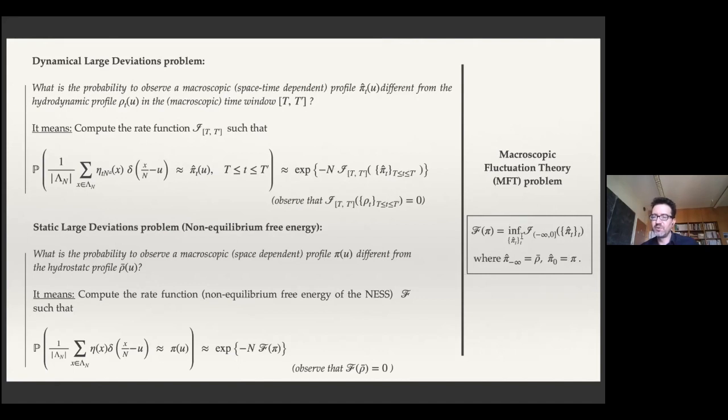If you solve this variational problem, which is complicated but anyway feasible, then you can compute the free energy.